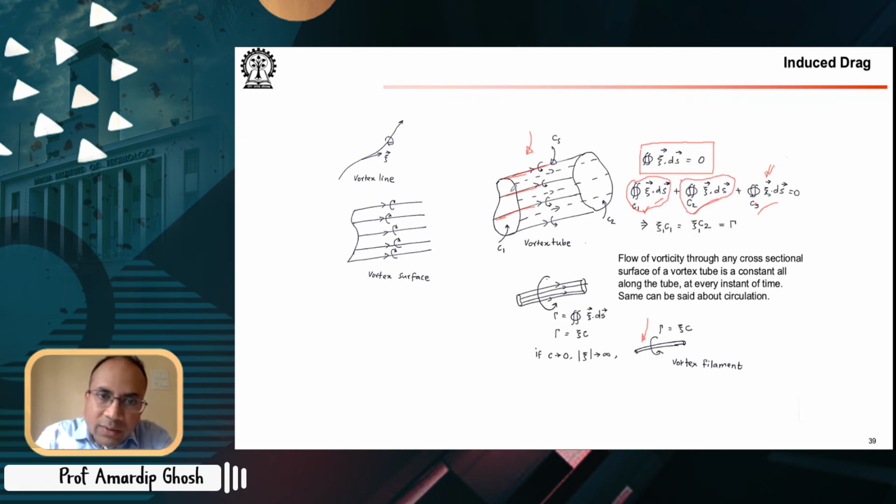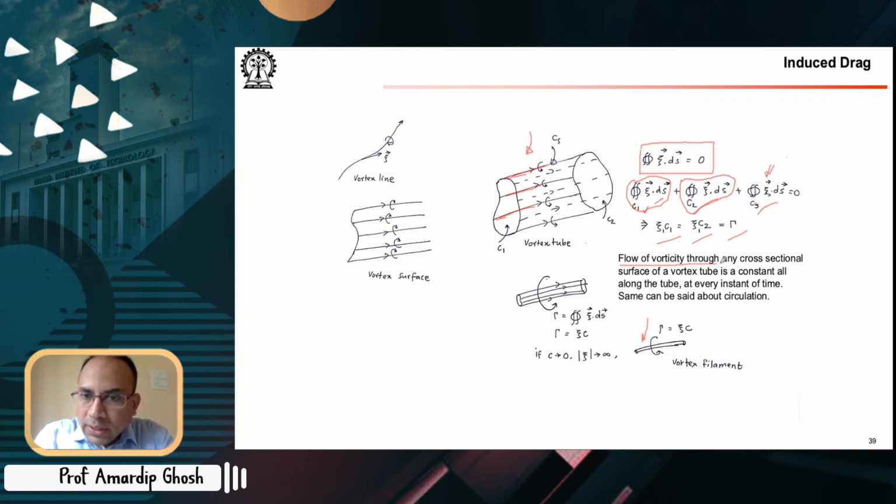So if you have taken your C1 and C2 such that the vorticity field or vortex lines intersect C1 and C2 at right angles, or rather the surface normal is along the vorticity direction at C1 and C2, then you can just say this thing equals this thing, which is equal to the circulation.